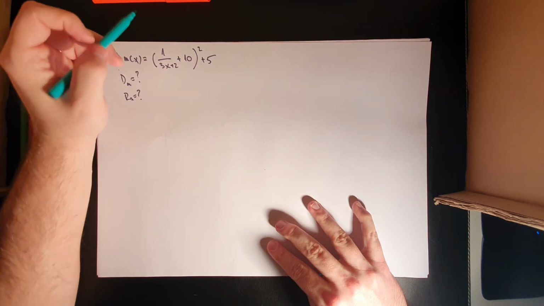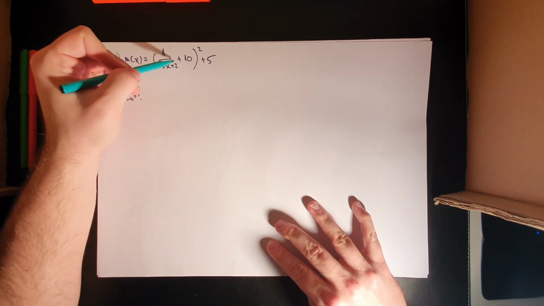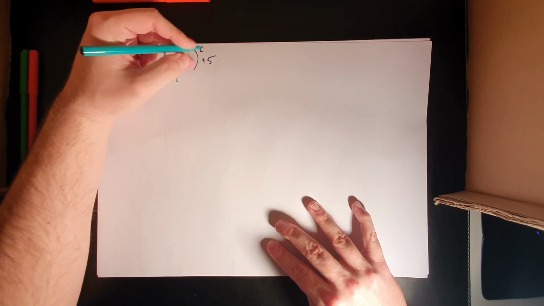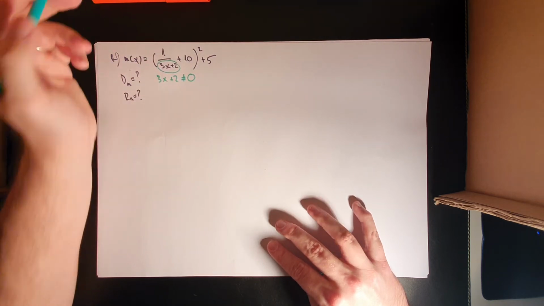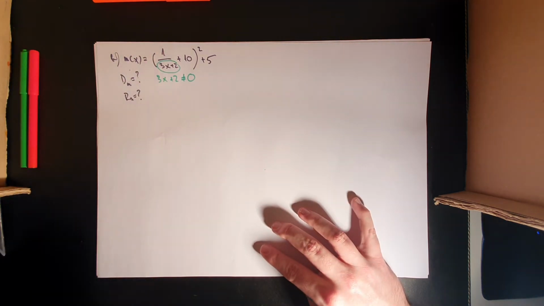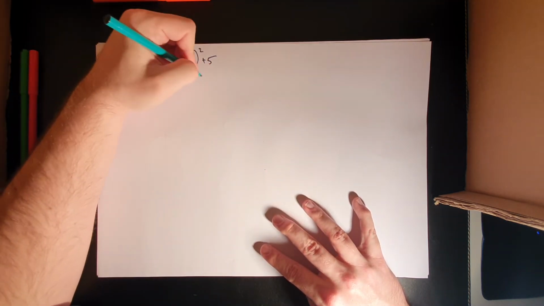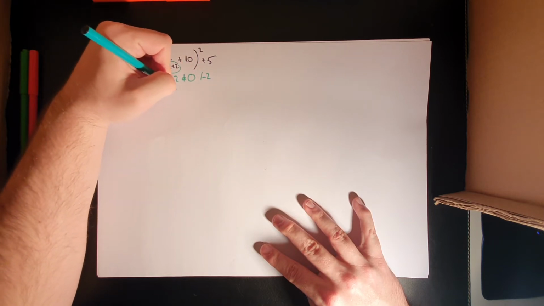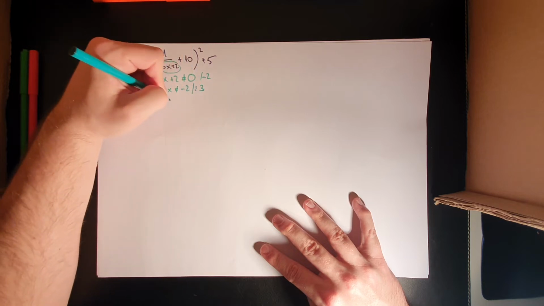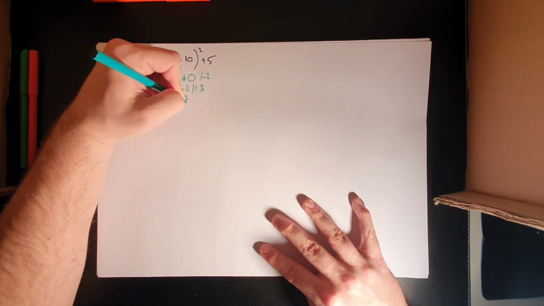We are looking at the x's. Where we have x's in the denominator, part of the division, it means that 3x plus 2 has to be different than 0. And if I take a greater look at all of this, this is the only thing that I have to watch. So 3x is different than minus 2, divide everything by 3, and x has to be different than minus 2 over 3.